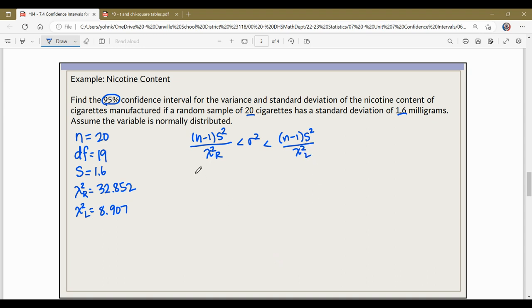So I plug in and I get 20 minus 1 times 1.6 squared divided by 32.852 is less than sigma squared is less than 20 minus 1 times 1.6 squared over 8.907.